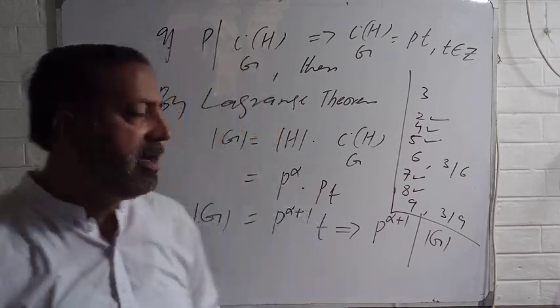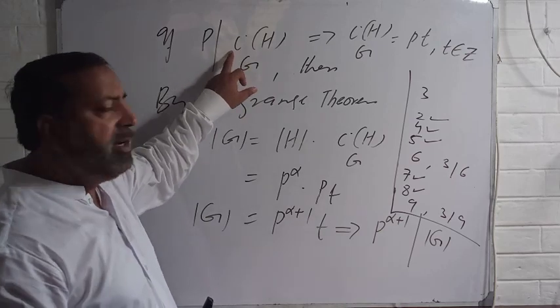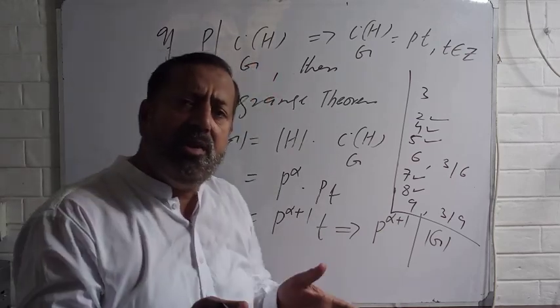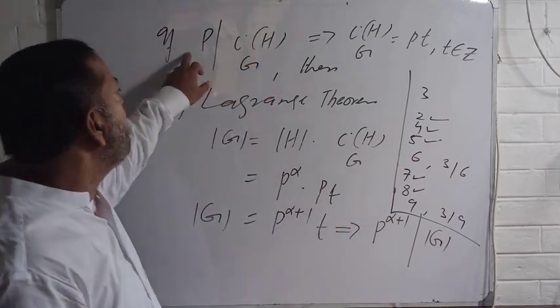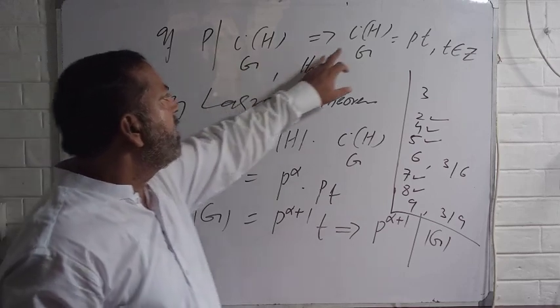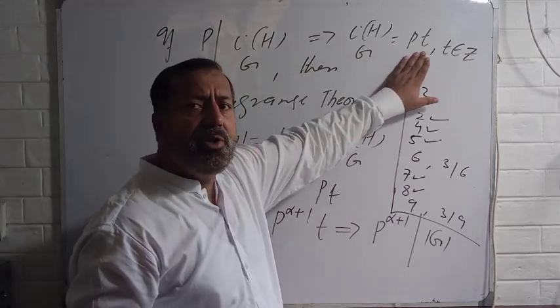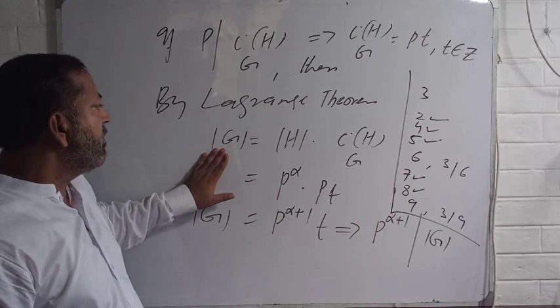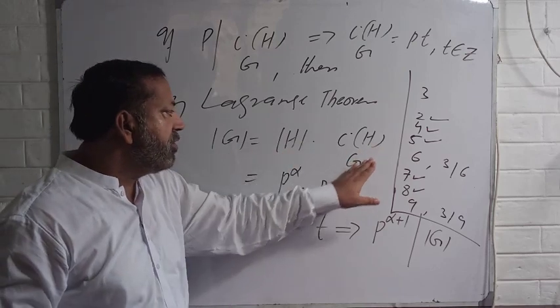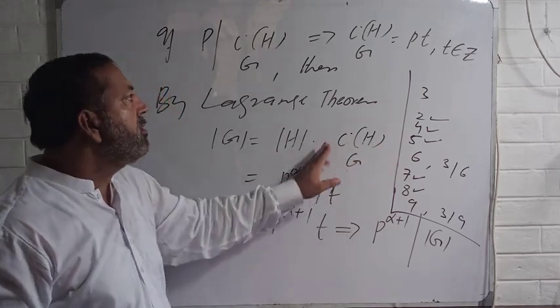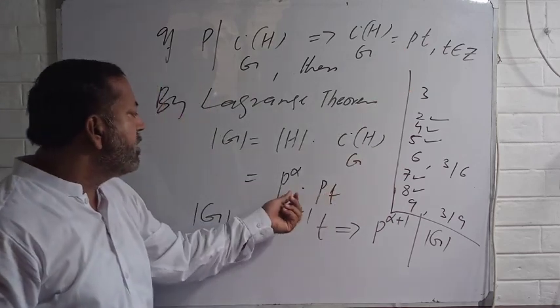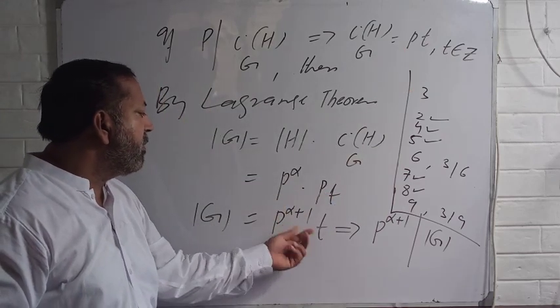Now we are saying that if the index of H in G is not relatively prime to p, then p must be a divisor of the index of H in G. Then the index of H in G must be equal to some pt. So by Lagrange's theorem, the order of G is equal to the order of H times the index of H in G. Putting in the values, this is pt, this is p power alpha, this is p power alpha plus 1 times t.